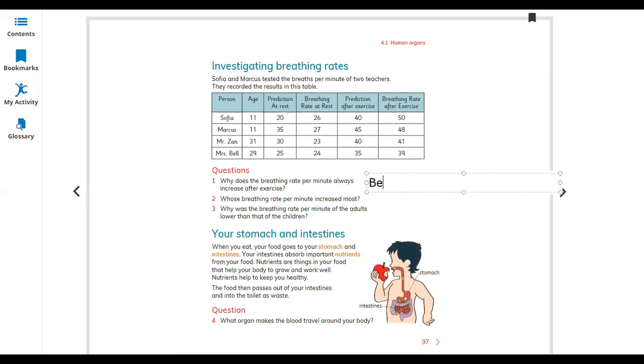So you can write it because the body or muscles need more air, more oxygen.